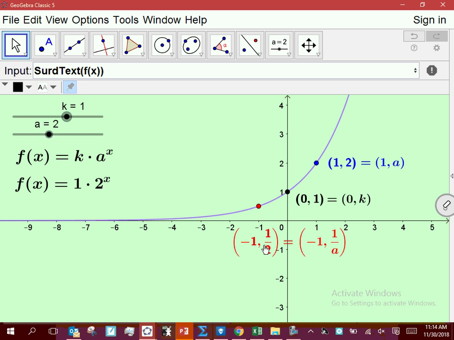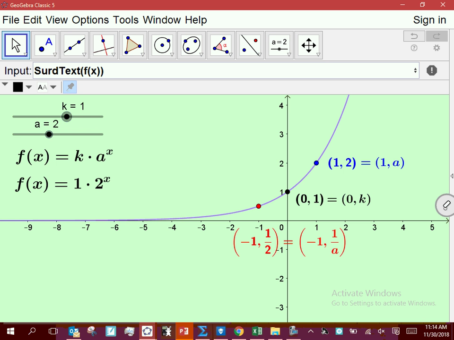We just remember (1, a), (0, k), and (-1, 1/a), and I should be able to get the 3 points that are always on that curve.